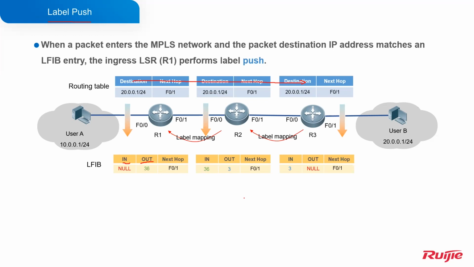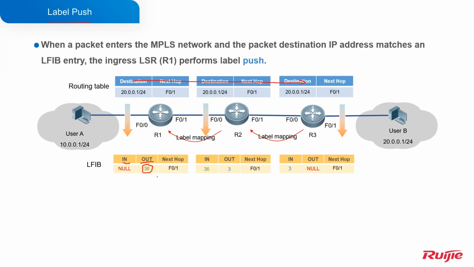And in your IP routing table, there is a feature that will show you these packets already have a connection with your MPLS label. So next we will match your MPLS forwarding table and find the out label. Then we will add the label 36.